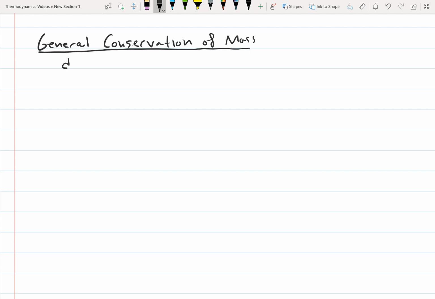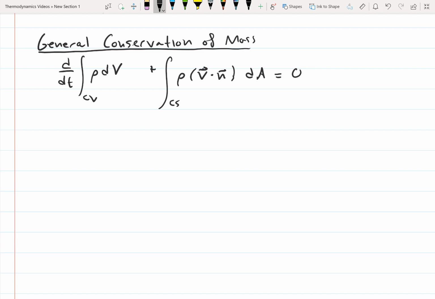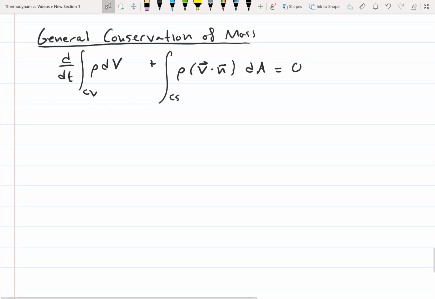So this was d dt, we're going to integrate over the control volume, rho dV, plus, and then we're going to integrate over the control surface, rho, the dot product of the velocity vector and the unit normal vector, dA, is equal to 0. So this is the general conservation of mass.